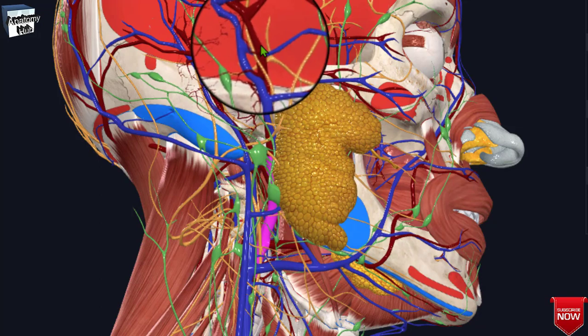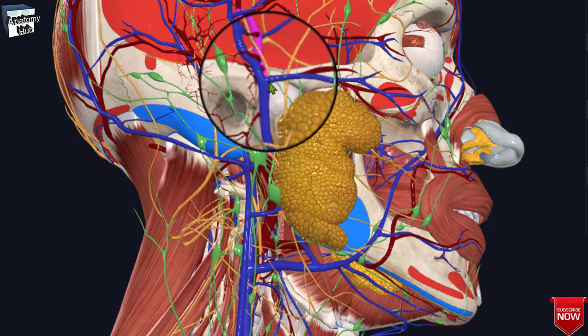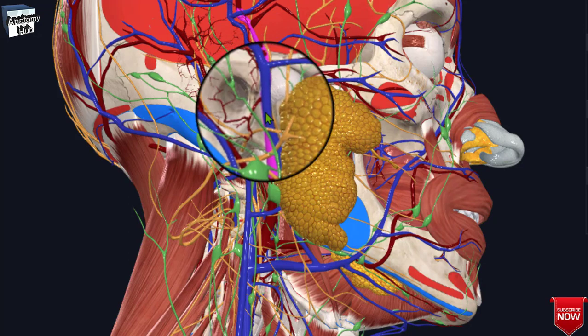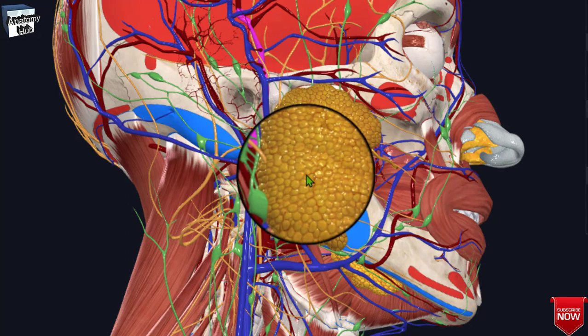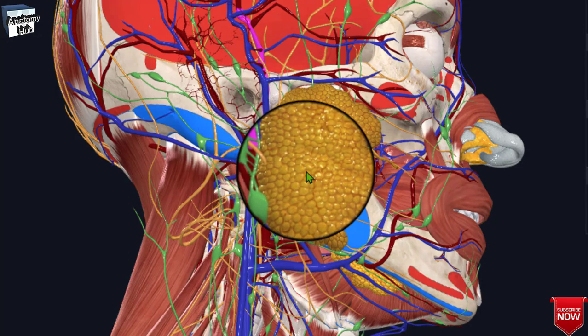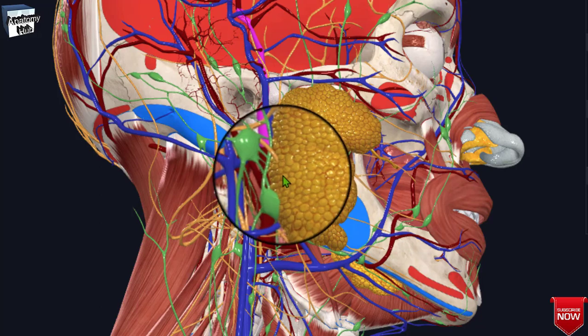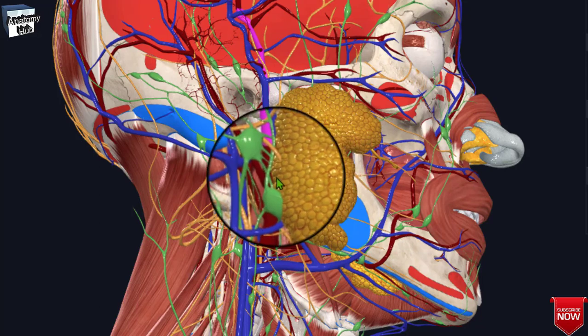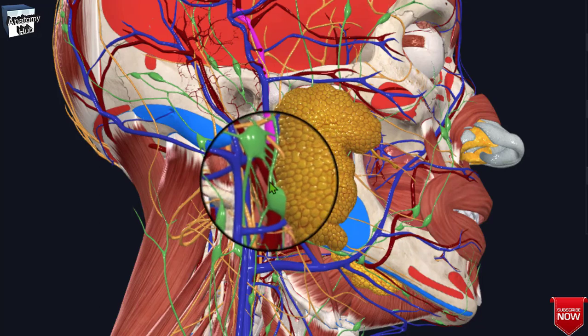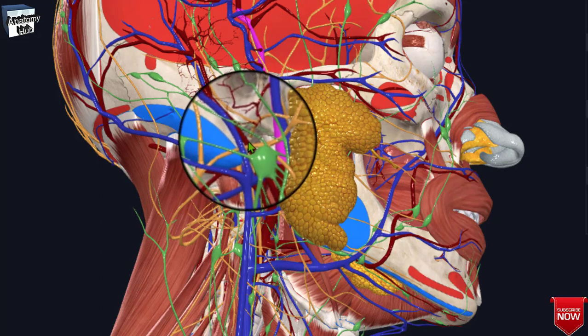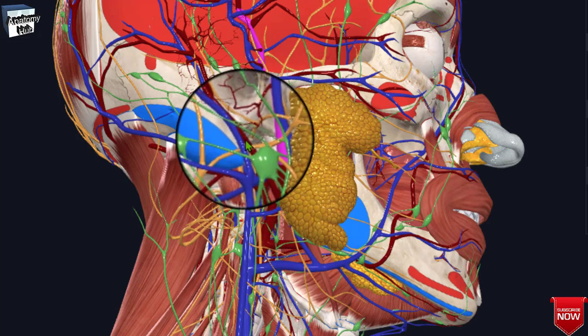This is your superficial temporal artery, and the maxillary artery is hidden here by the parotid gland. Occasionally it also gives off the posterior auricular artery that you can observe here.